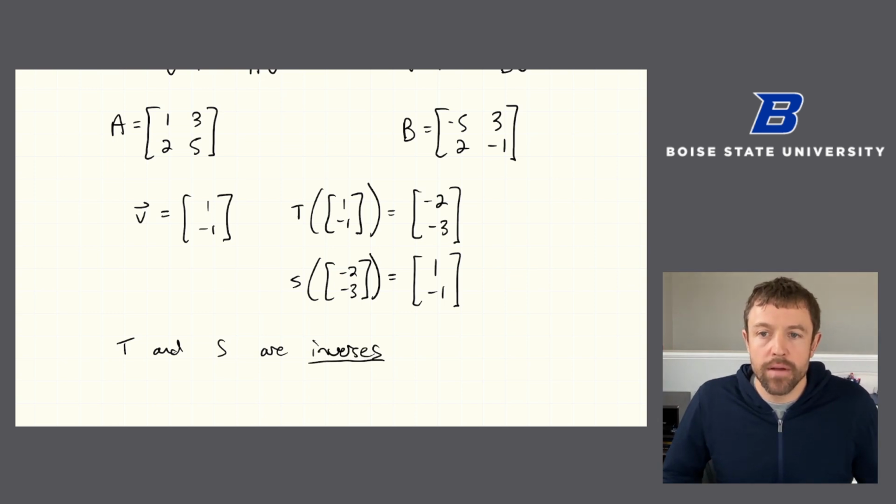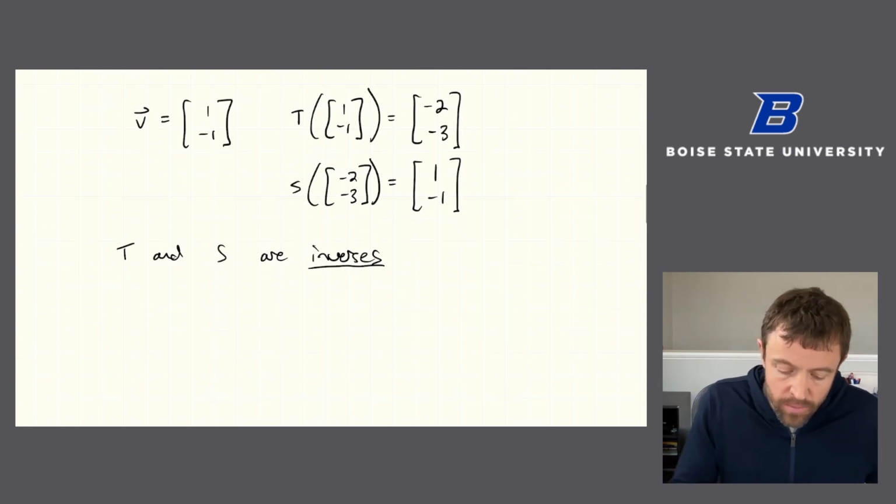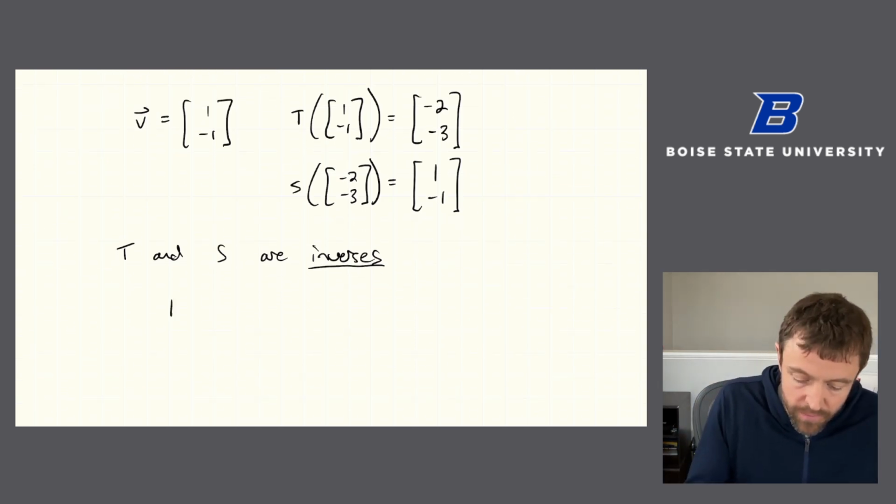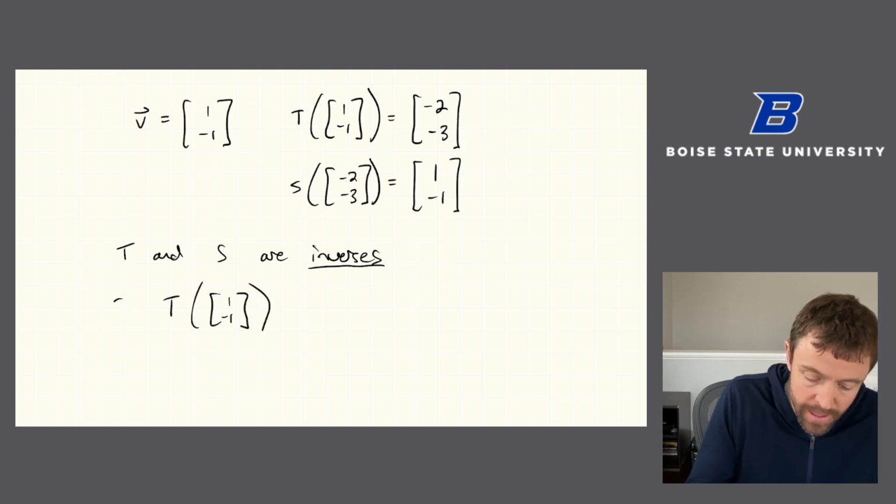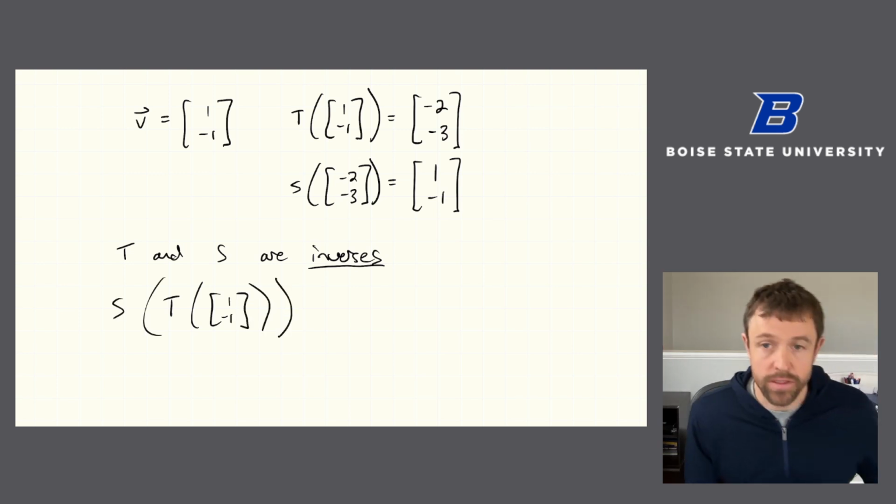But we can look at this a different way. What I really just did was show that if I first apply T to the vector 1, minus 1, and then apply S to the resulting vector, I get back where I started.